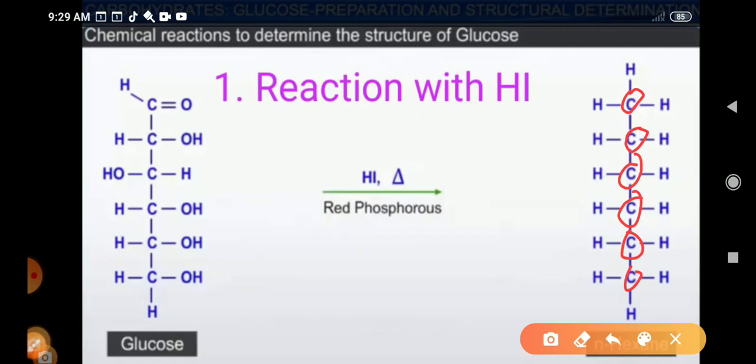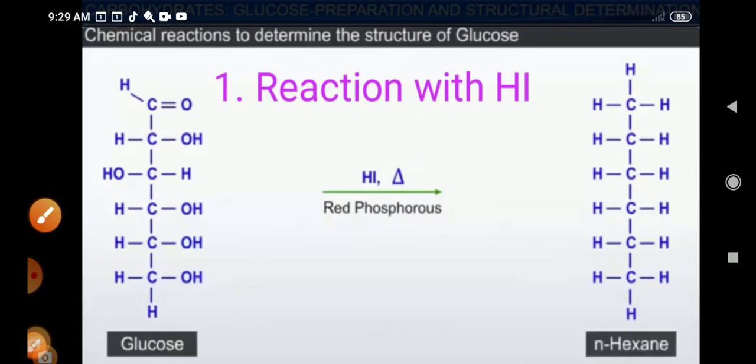Because of this, we can confirm that the glucose molecule is also made up of 6 carbons, and all the carbon atoms in the glucose molecule are in a chain, not branched. That means there is no branching in the glucose molecule. All 6 carbon atoms are linked in a chain. So this is the evidence given by the reaction with HI.